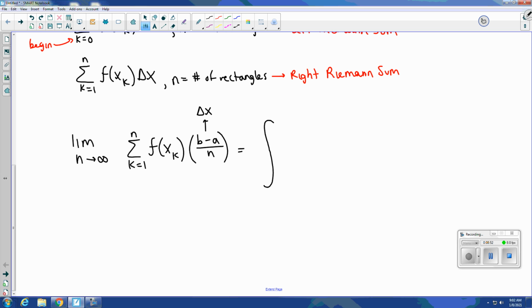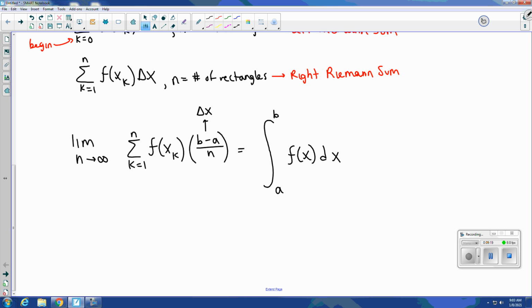And we now introduce this new notation, which is the integral from a to b of f of x dx. So the integral from a to b, f of x dx, is the limit as the number of rectangles approaches infinity of the Riemann sum that is used to approximate the area between the curve and the x-axis.